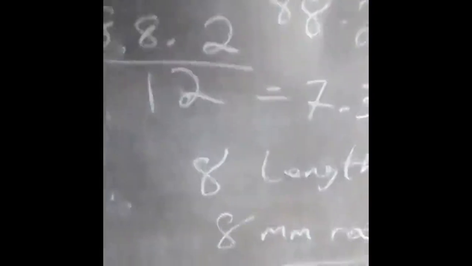Our calculator says it is 6.93 rods. You just approximate it to the whole number. It's approximately 7 lengths of 8 mm rod. Simple. That's how to calculate it.